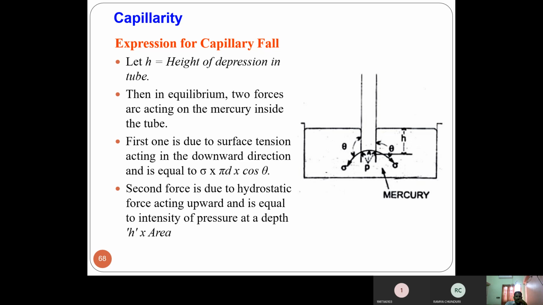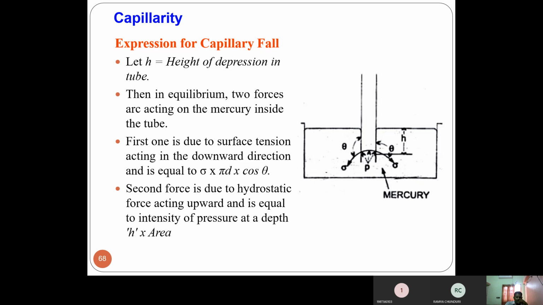Then for equilibrium, there are two forces acting on the mercury inside the tube. The first one is due to the surface tension acting in the downward direction, and it is equal to sigma pi d cos theta.